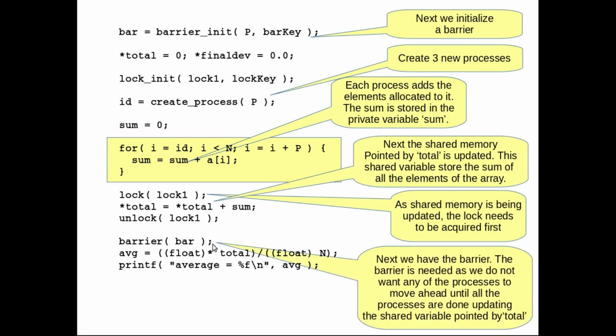And now we have a barrier. So why do we have this barrier? The barrier is needed as we do not want any of the processes to move ahead until all the processes are done updating the shared variable pointed by total.